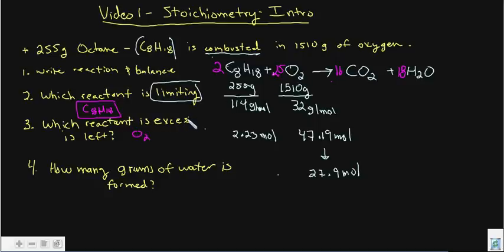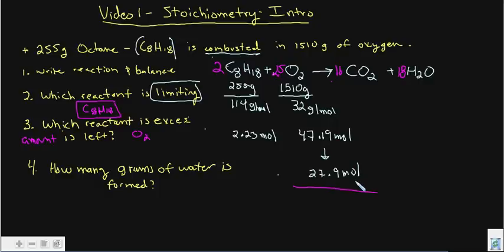Well, I find out that I can only use 27.9 moles of this original amount. So if I subtract my 47.19, and I subtract my amount that I can use, my 27.9, I actually end up with 19.29 moles. Right? So my 19.29 moles, that's how much excess.